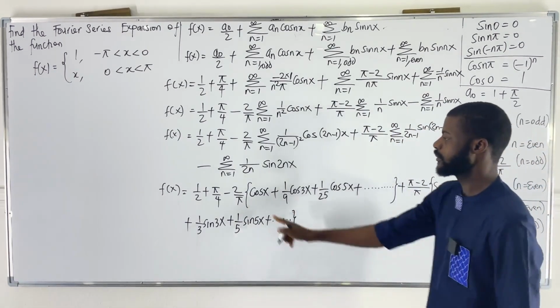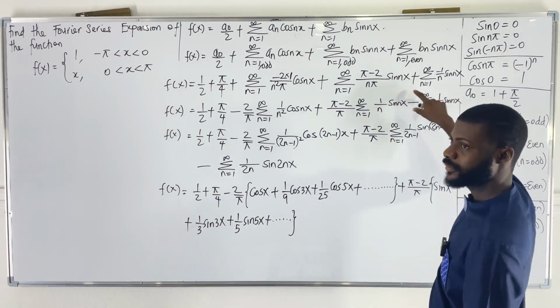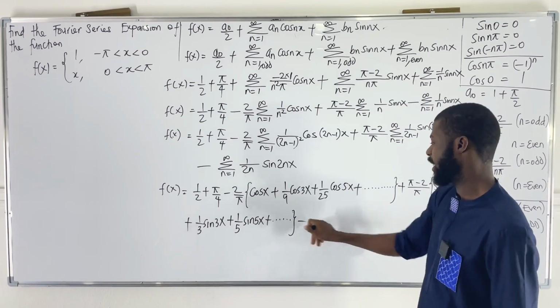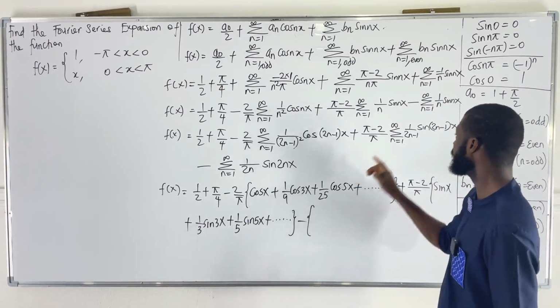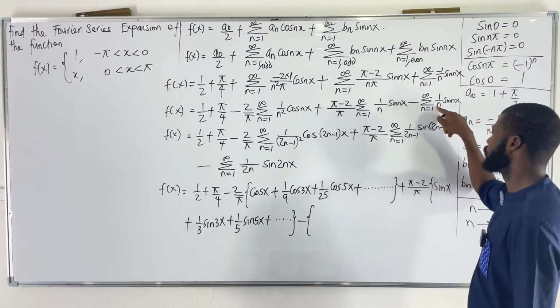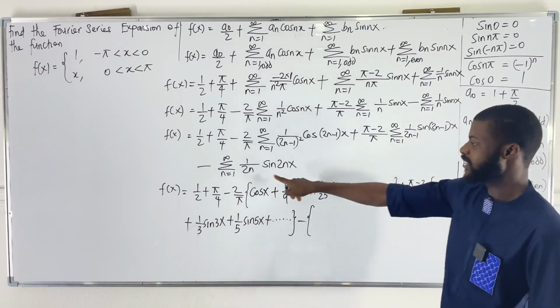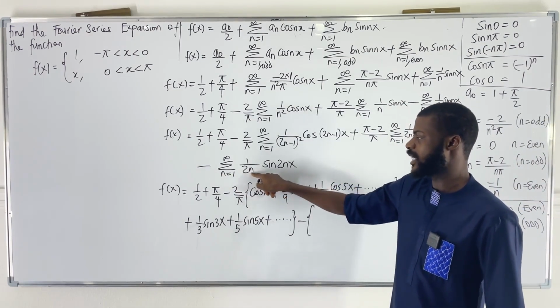So the next one, that's this last one here. So this is minus. Open up a bracket. But this one is always even. So this will be starting from 2. But if you should use this very expression, when you put your 1 here, 2 times 1 is 2.